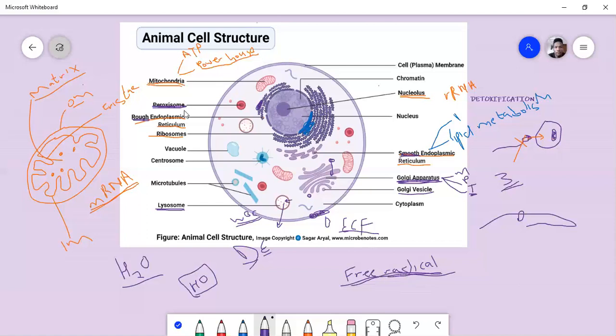So what does this peroxisome do? It converts the free radical to hydrogen peroxide. They'll also ask you this question. What does the peroxisome convert the free radicals to? It converts it to hydrogen peroxide.